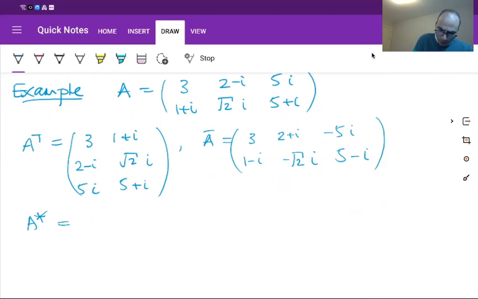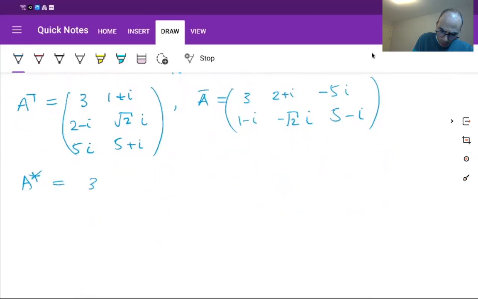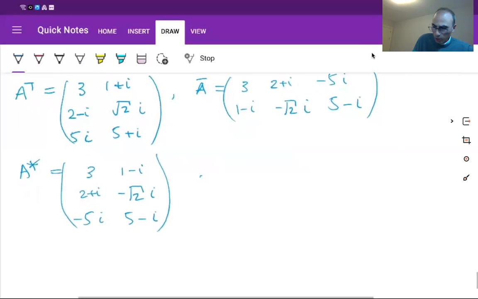So if we have A transpose here, and you take the conjugate of that, you get 3, 1 minus I, 2 plus I, minus root 2I, minus 5I, 5 minus I. Okay, so those are those notions.